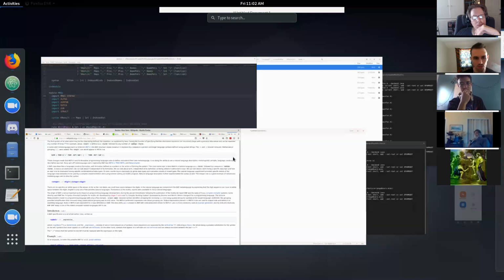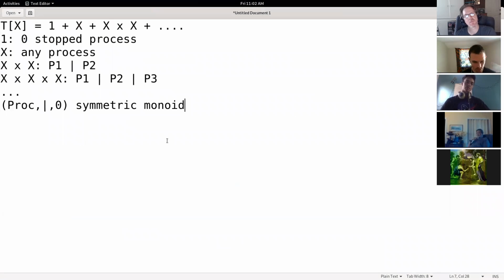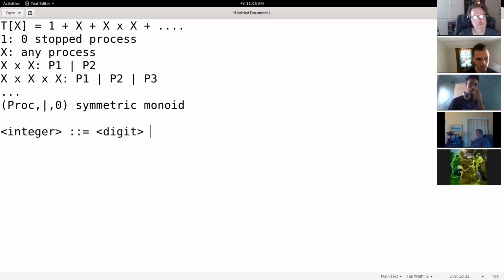Yeah, exactly. So they're kind of saying something along the lines of like, well, they're using these weird braces, but either way, they're saying like an integer. So integers come in these flavors is basically how I always read this. But the flavors are, it can be a single digit, right? Or it can be an integer followed by a single digit, but we're using the plus as our or basically.